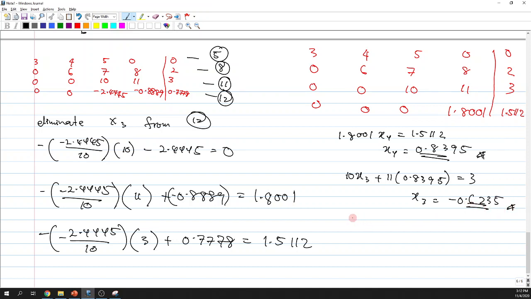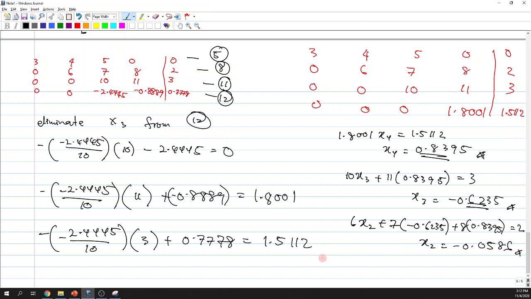Okay, and then the other part is solve the x2 plus 7 negative 0.6235 plus 8 times x4 0.8395 equal to 2, so x2 equal to negative 0.0586.